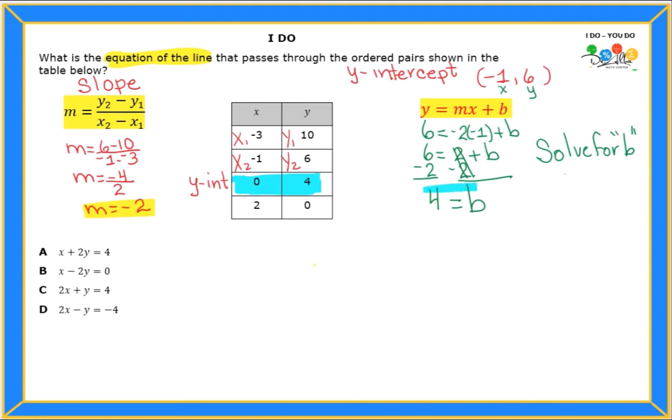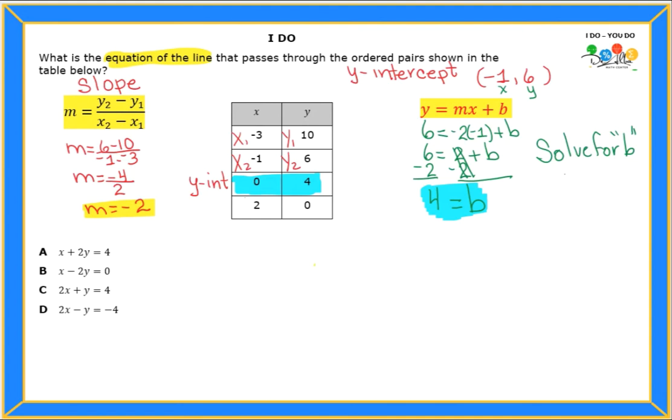Take a look at this answer and the one we got earlier from the table. That's the same thing, right? That's my 4. So that's one thing you can try to memorize. If you memorize that the y-intercept has 0 as the x-coordinate, then you don't need to do that much work. But you need to make sure that you know where the 0 goes.